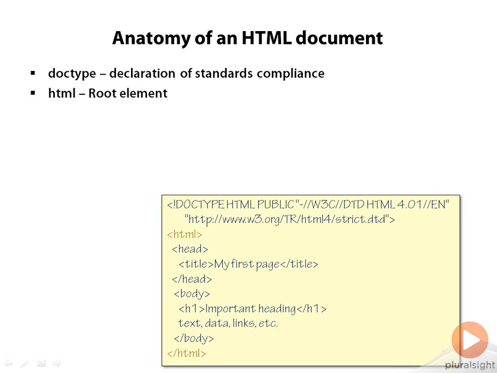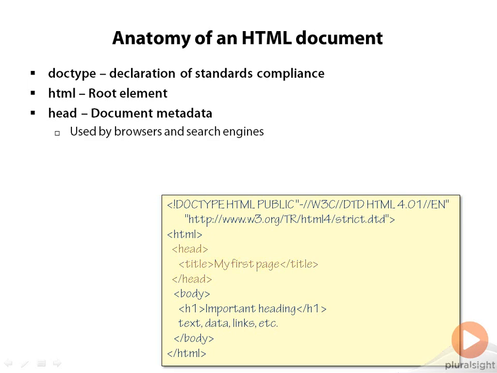So the doc type is there, tells any client which standard we're following. We follow that by an HTML root element, which is our single top level element that's going to wrap our document. All of our other pieces are going to be contained inside of that. We have the head, and the head or header is really where we're going to provide a lot of metadata, almost exclusively used by the clients or the browsers.